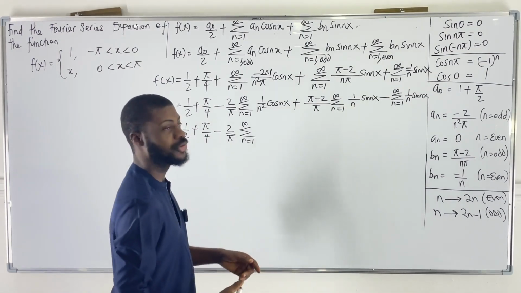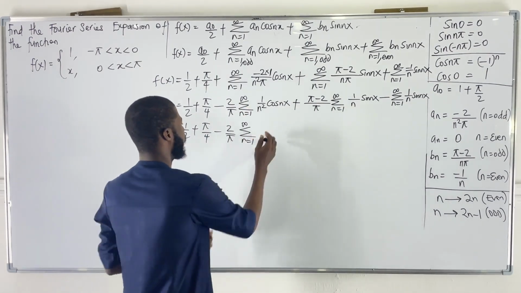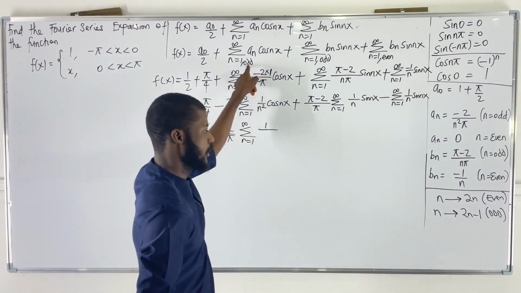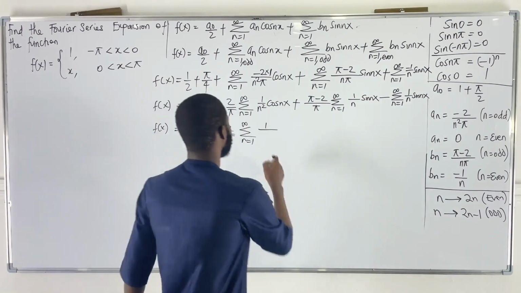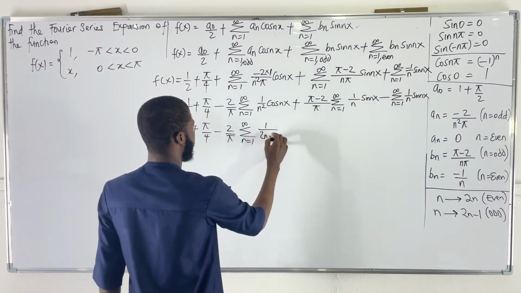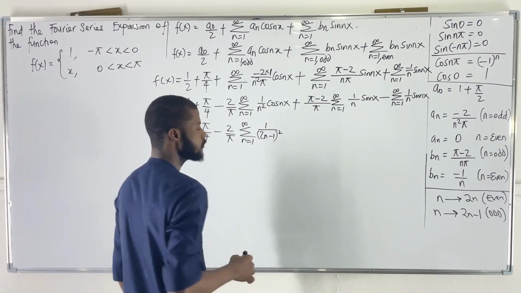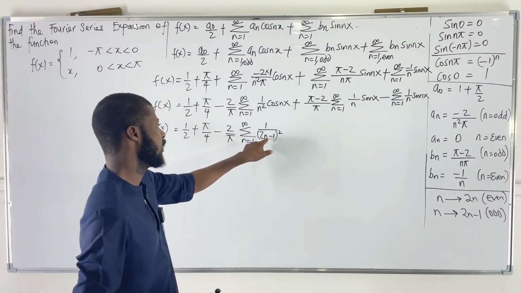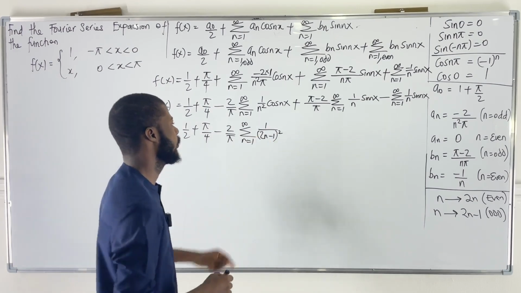And the next thing I'm going to do is, this will be 1 over, I know that my n, everything here is odd. So when it's odd, it's 2n minus 1. So this n here will be 2n minus 1 all squared. This way I would always remember that this would be odd, because no matter the value of n you put here, this whole thing will be odd.